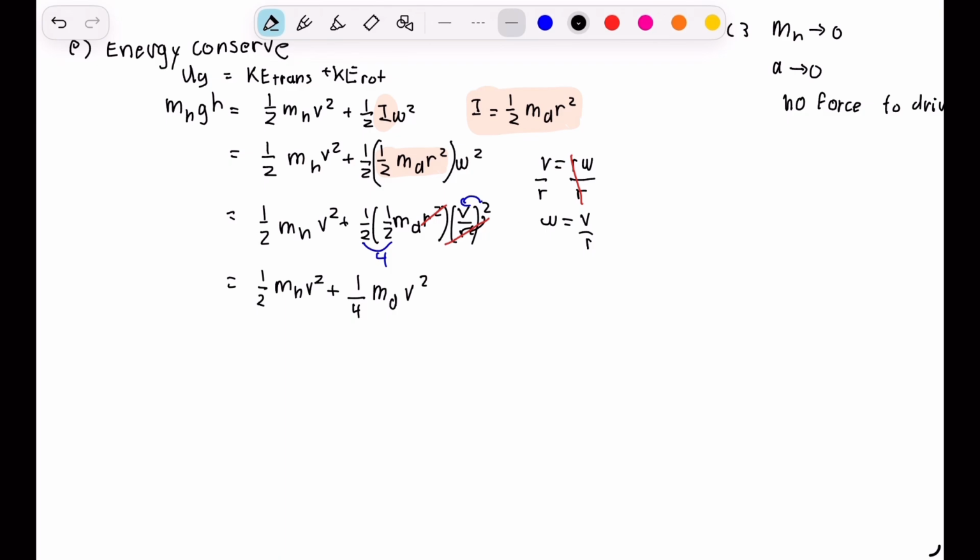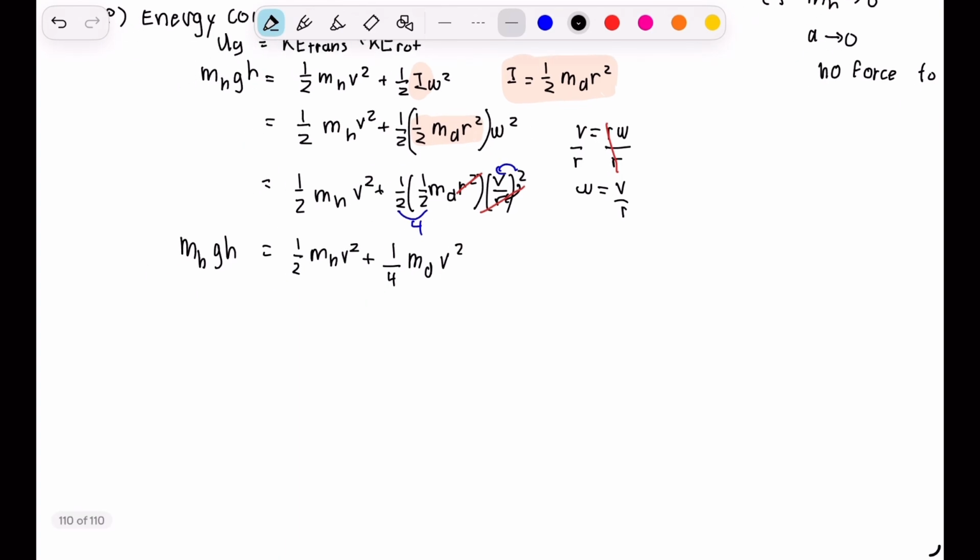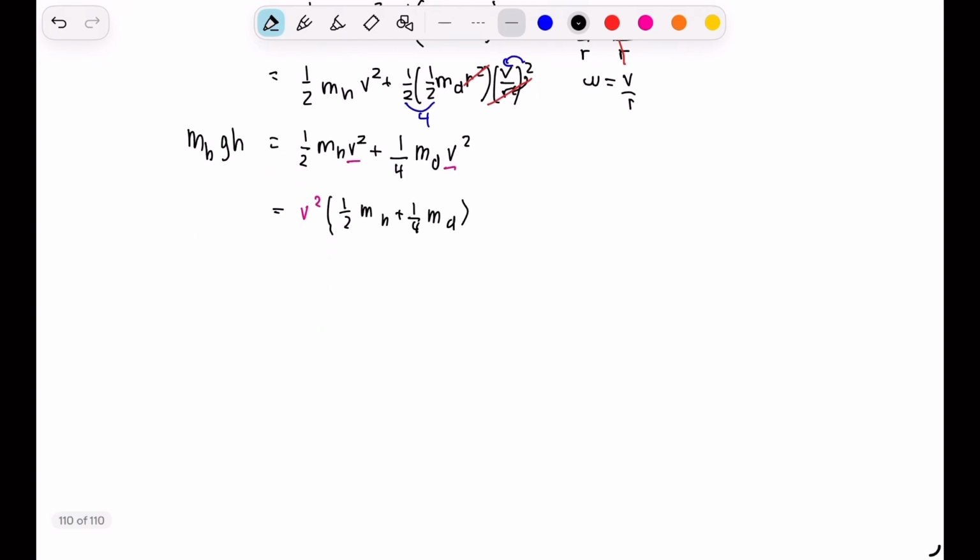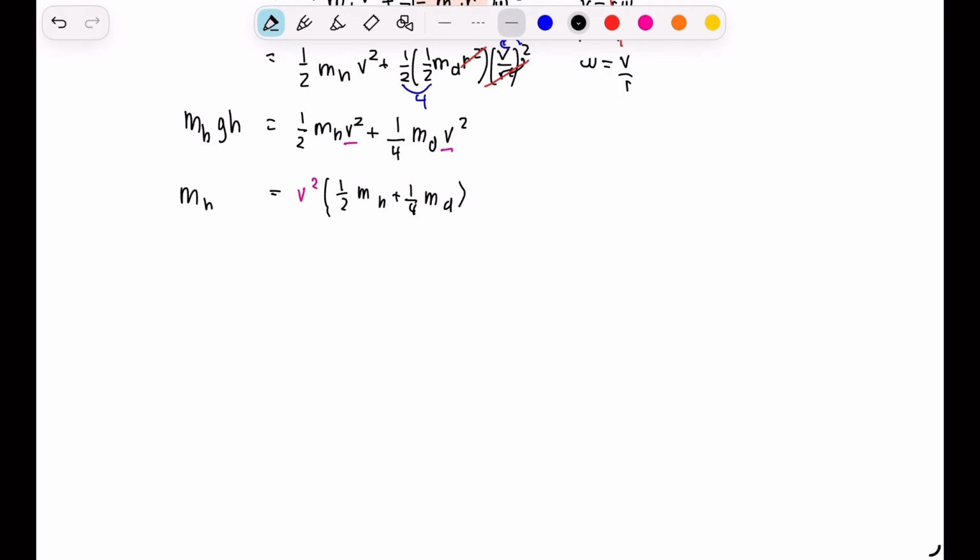So our full equation right now is the mass that is hanging times our gravity times height. And what we see here is we can currently factor out this V squared. If we do that, we are left with 1/2 the mass that is hanging plus 1 over 4 the mass of the disk is equal to the mass hanging gh.